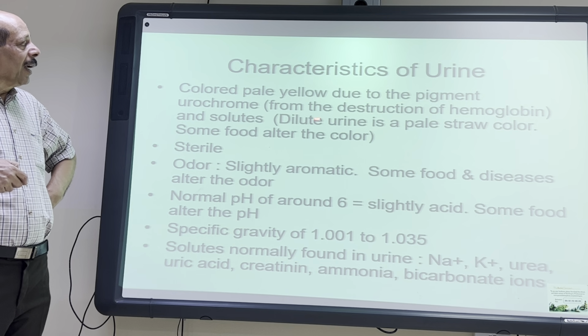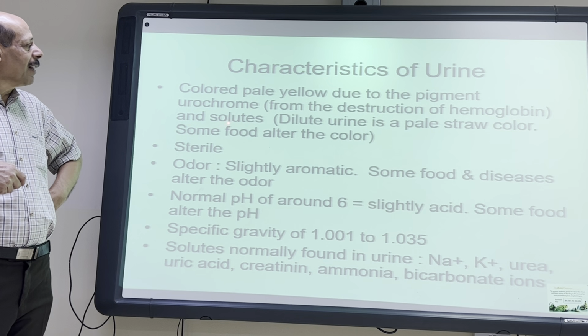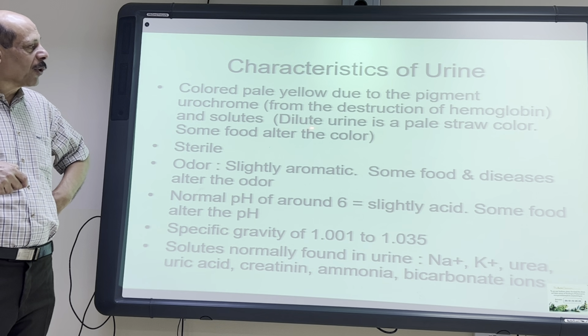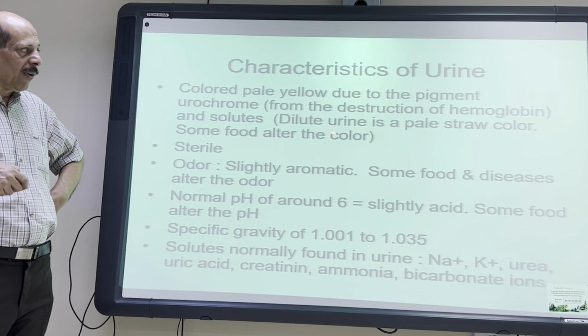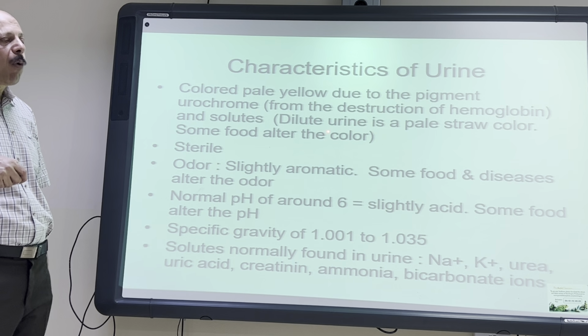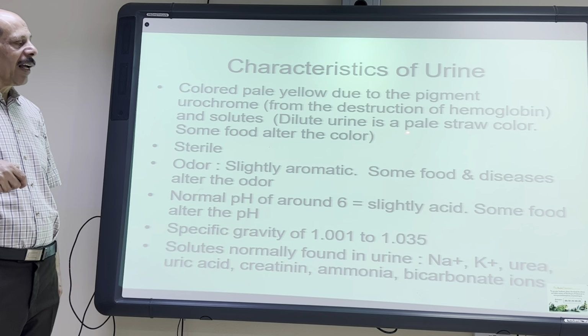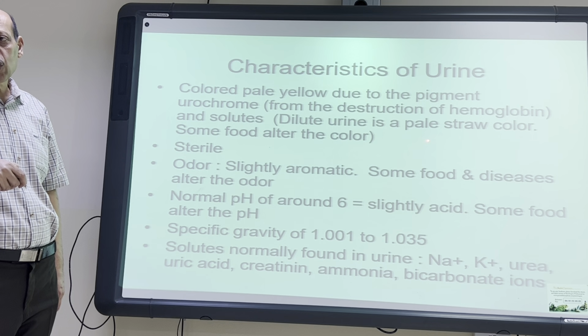So from the destruction of hemoglobin, as we said, and diluted urine is a pale straw color. If the urine is diluted, if we are taking more fluid, the color will be straw color.